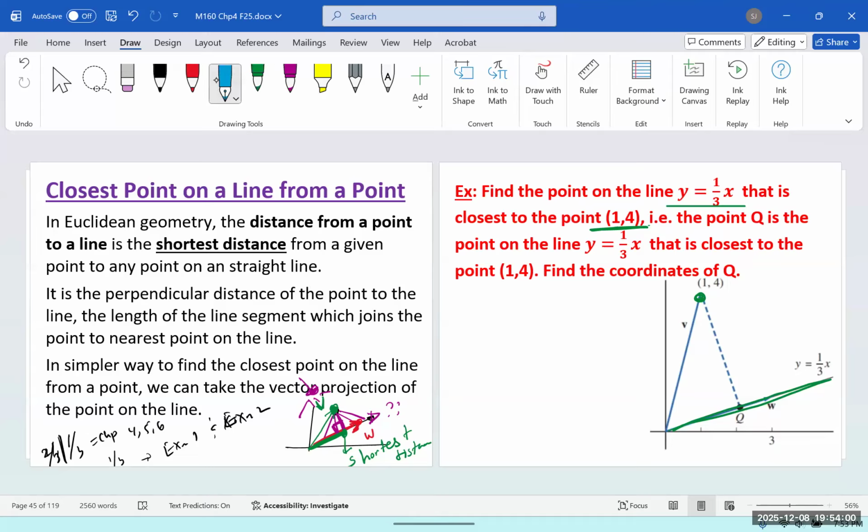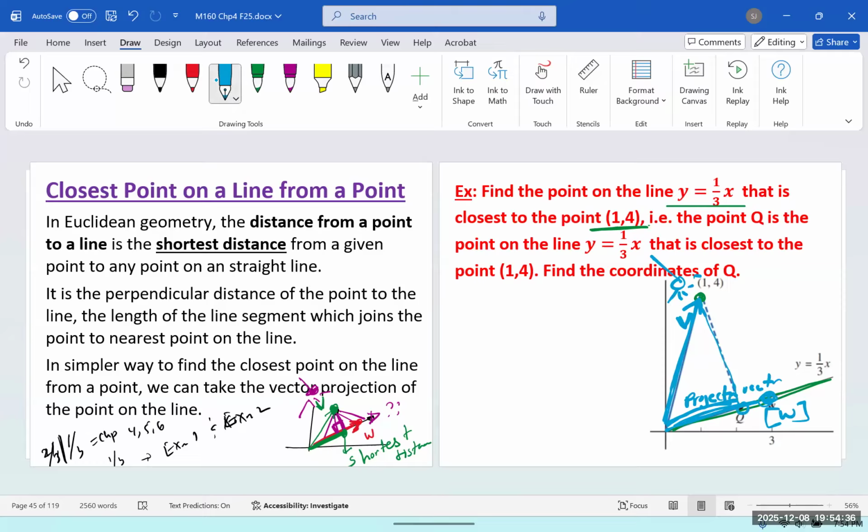Our step 1 is create a vector from (0, 0) to (1, 4), and let's call it V. Then pick any point on the line and make another vector, let's call it W. Then project V onto W and observe the projection vector.